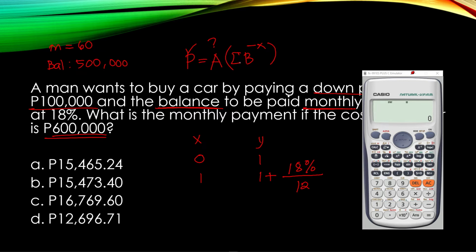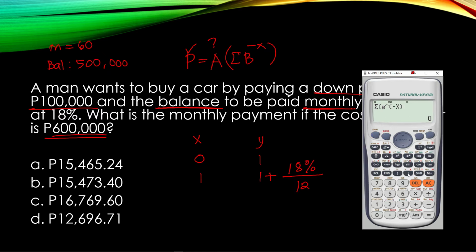Okay, yung summation of B raised to the power of negative X. Okay? So, summation of B, mode 1, shift 1, 5, 2, raised to the power of negative X.